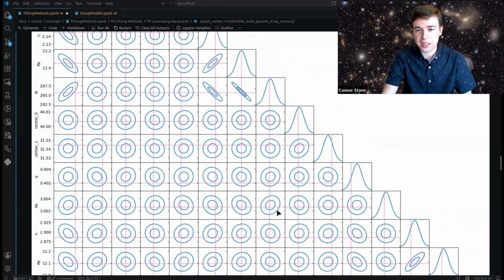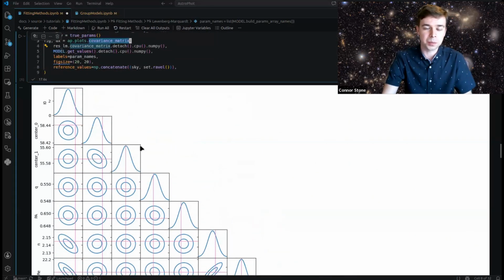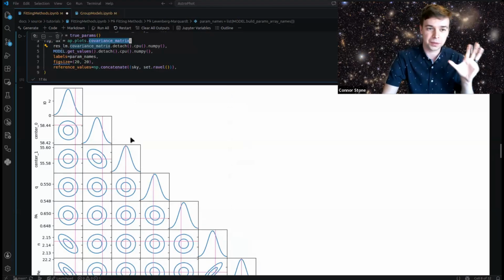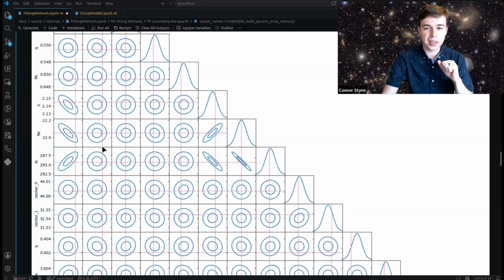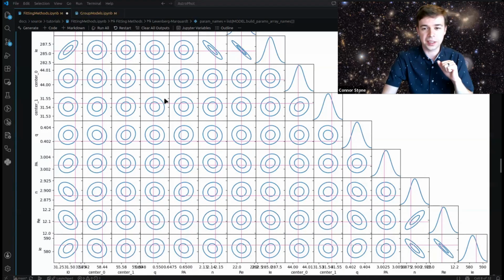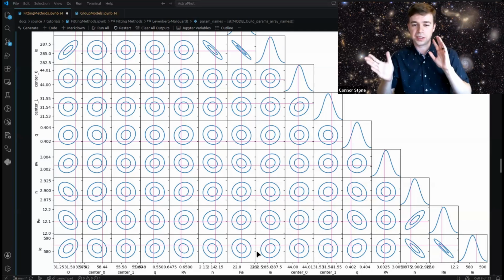This is such a big corner plot because it's actually 14 parameters that we're fitting here. There's 7 parameters from one Sersic, 7 parameters from the other Sersic. And these corner plots can get pretty big. This big square is actually the intersection of the two different Sersic models.